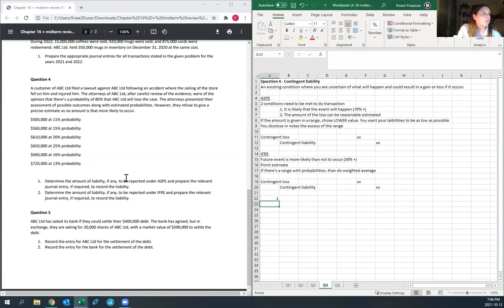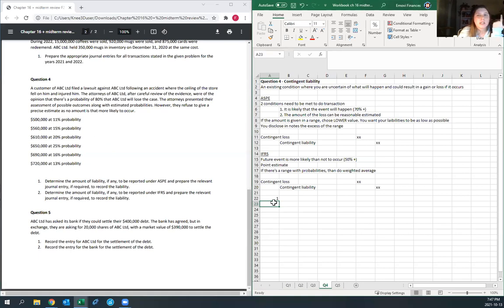For ASPE, we said that to record a contingent liability, there are 2 criteria. First, it's likely that the event will happen, 70% or more. In this case, it's 80%, so that works for the first one. And the amount of the loss can be reasonably estimated. It works here too, because they're giving you a range.